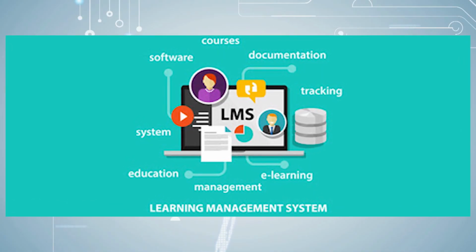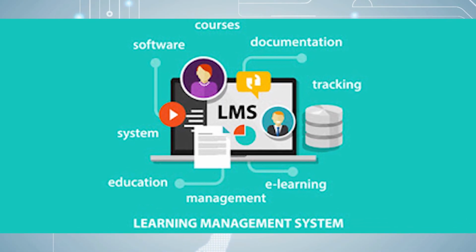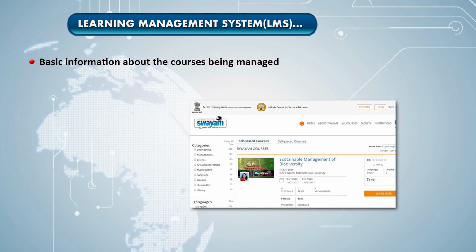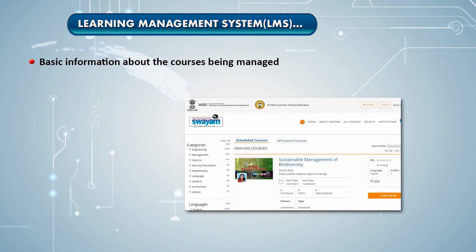So, to discuss first the asynchronous one, let us try to figure out what learning management system has to offer to us. Well, as far as learning management system goes, it provides basic information about the courses being managed.